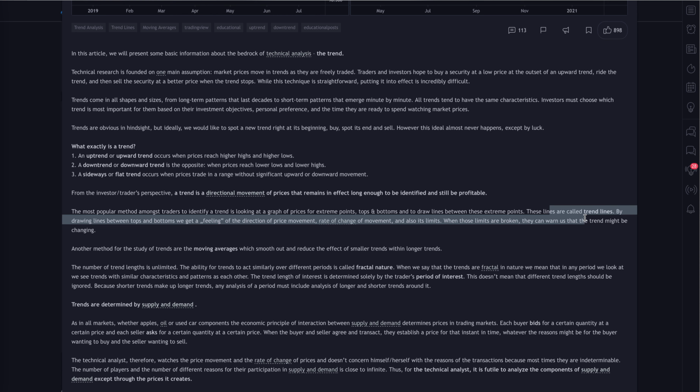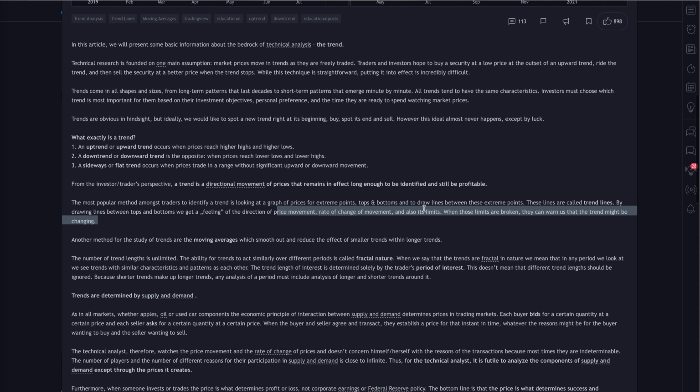These lines are called trend lines. By drawing the lines between tops and bottoms, we get a feeling, quote unquote, of the direction of price movement, the rate of change of the movement, and also its limits. When those limits are broken, they can warn us that a trend might be changing.